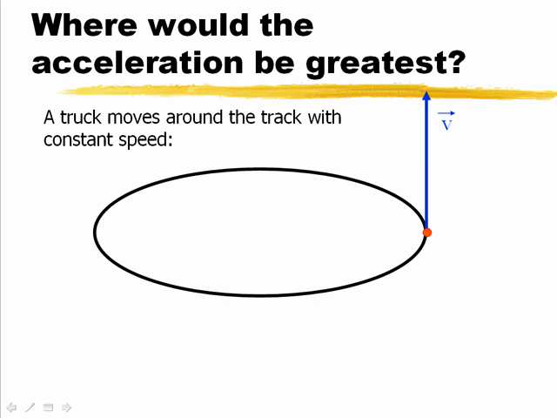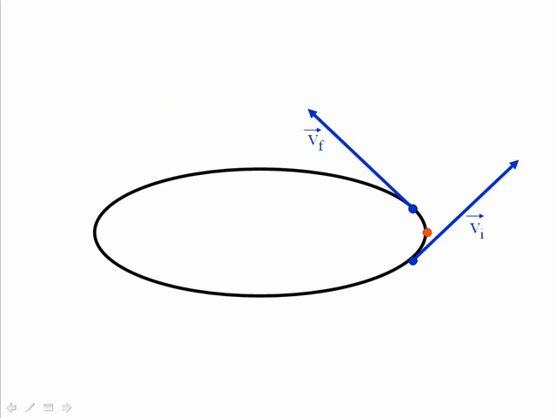If we do the same thing at the sharp part of the track, what we find is that the velocity vector is the same length. We're going at constant speed. But now if I look a half second before and a half second after, my two vectors are pointing in wildly different directions.